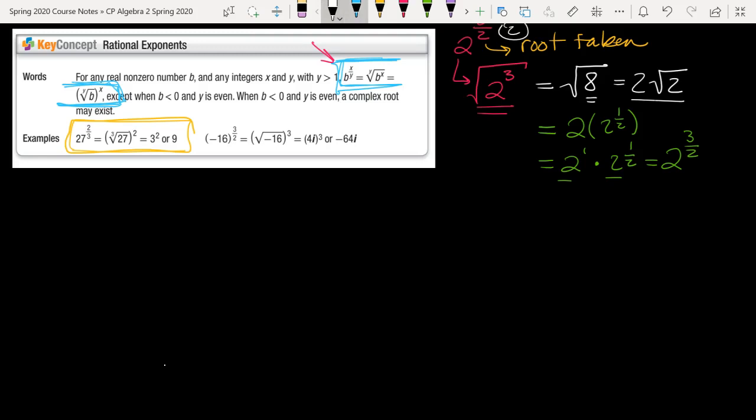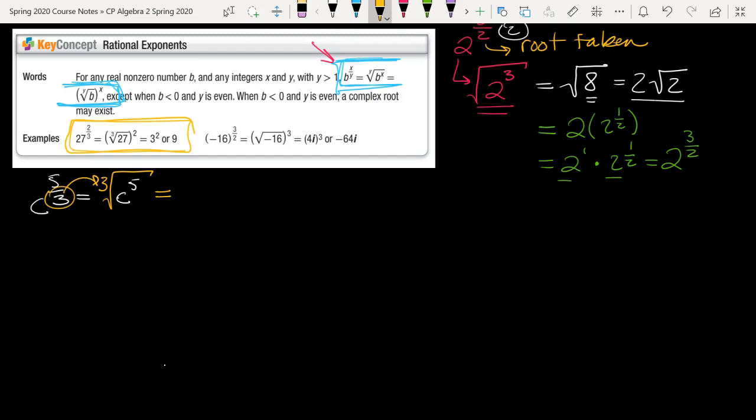So if we want to look at this as variables, consider the expression c, some number raised to the 5/3 power. Well, the 5 is the power to which we're raising c, so inside our radical we're going to have c to the 5th. Outside the radical, we care about that denominator as the root that we're taking. So here we're taking the 3rd root of c to the 5th.